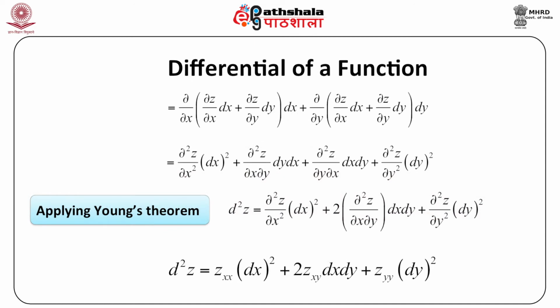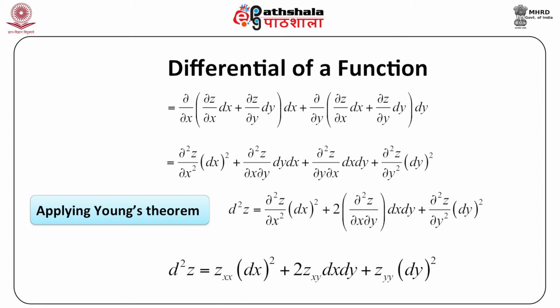This equals del by del x of the bracket del z by del x into dx plus del z by del y into dy, times dx, plus del by del y of the bracket del z by del x dx plus del z by del y dy, times dy. This is equal to del squared z over del x squared dx the whole squared plus del squared z over del x del y into dy dx plus del squared z over del y del x dx dy plus del squared z over del y squared dy the whole squared.